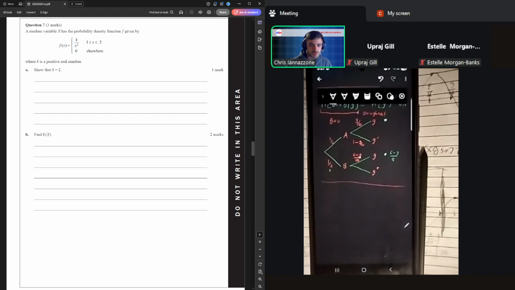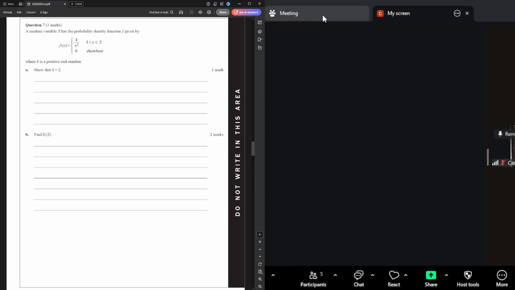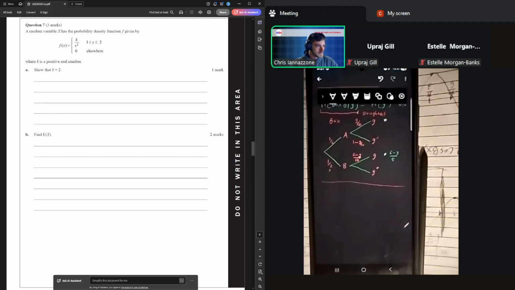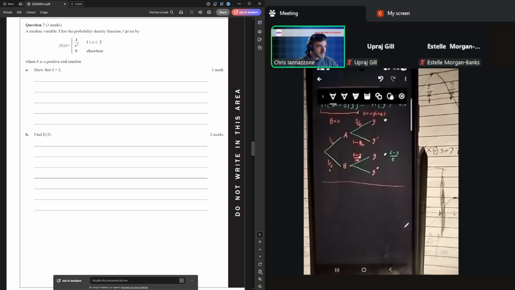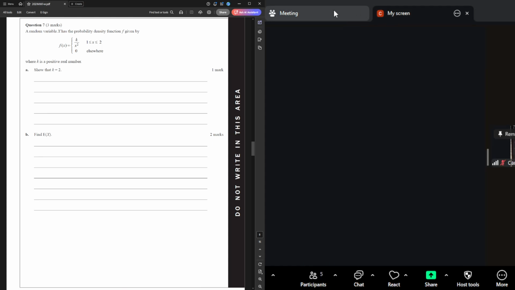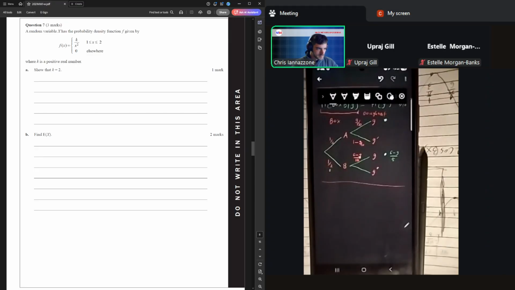Show that K equals 2. These questions are always solved the same way.